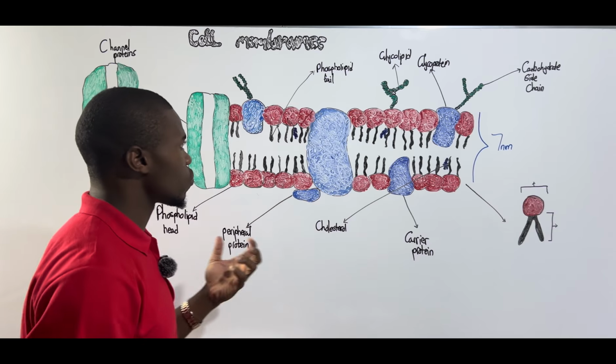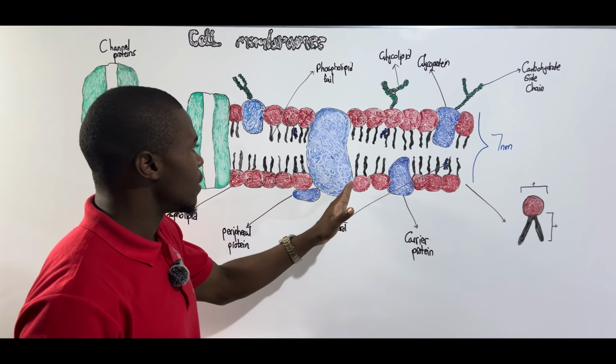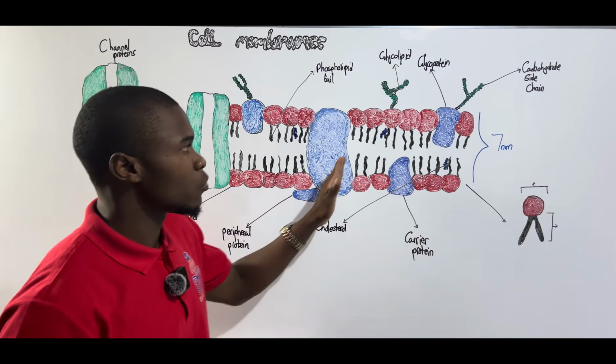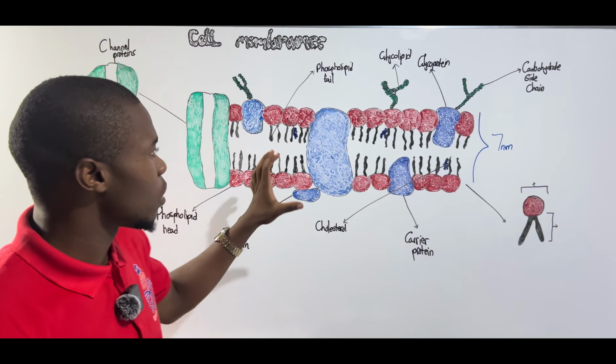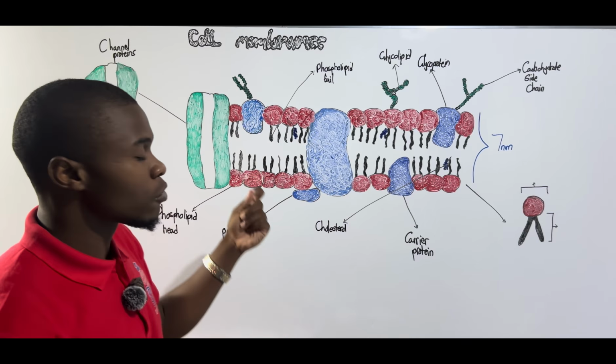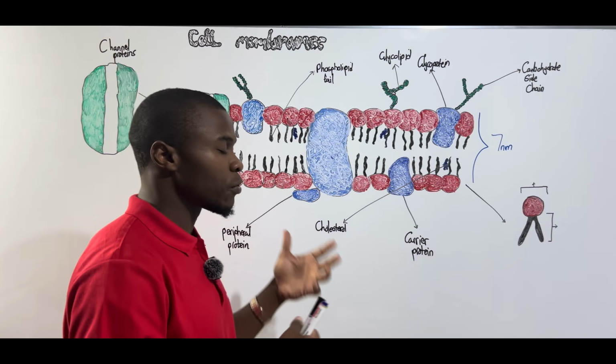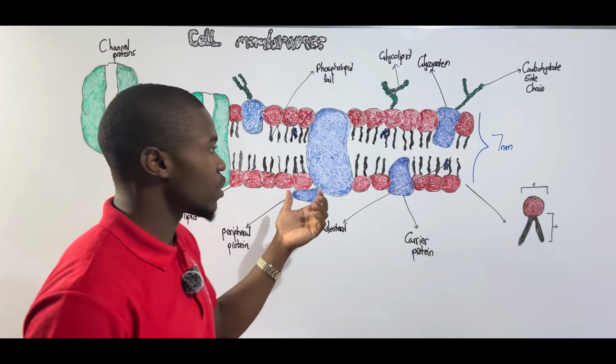And again, you should ask a question: why is it that some of these proteins are attached? What makes them attached to the membrane? There should be forces acting. There are two main forces that act so that the proteins remain attached in this structure.